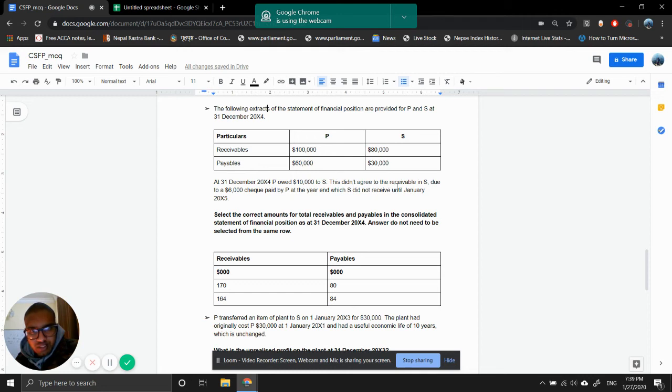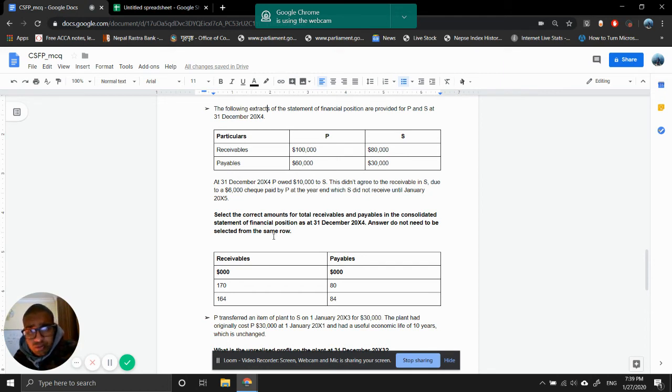So this did not agree to receivables in S due to a check paid by P at the year end which S did not receive, so it's cash in transit. So select the correct amounts for total receivables and payables in the consolidated statement of financial position as at 31st December 20x4. Answers need not be selected from the same row.